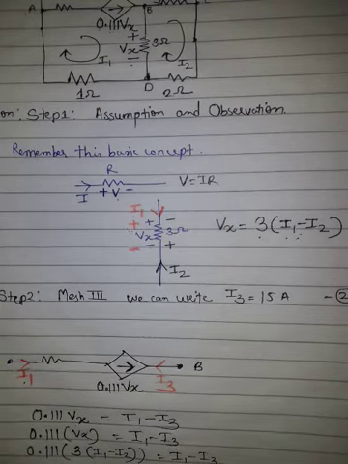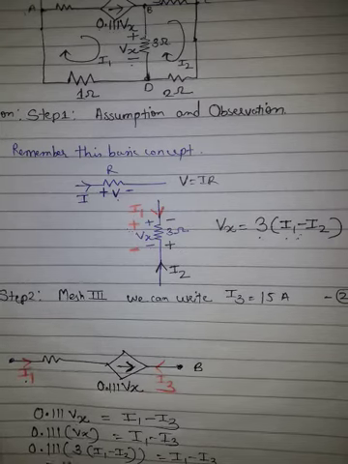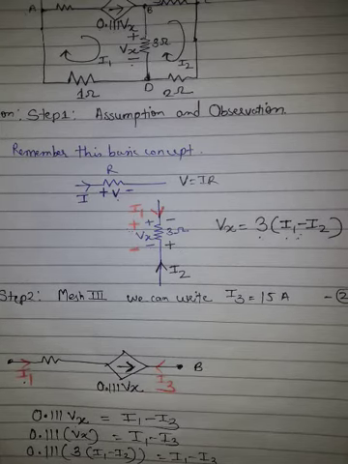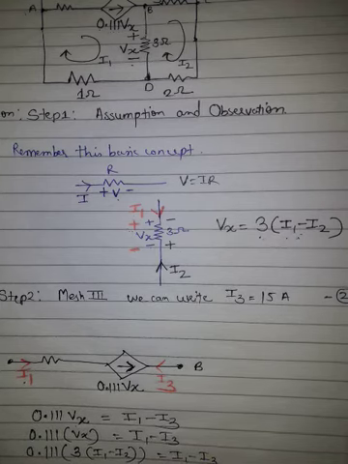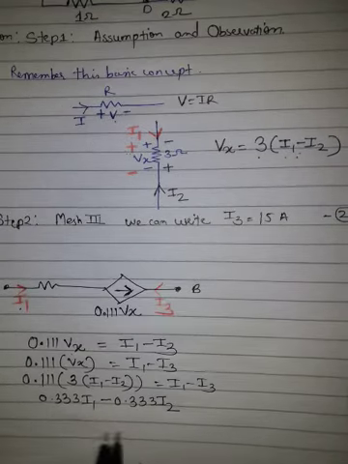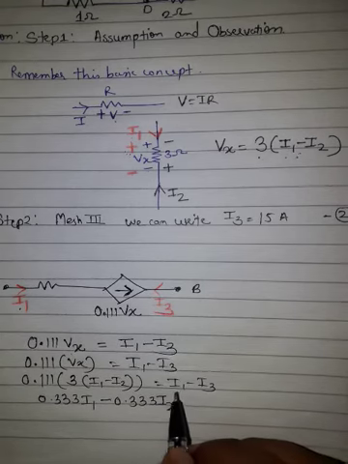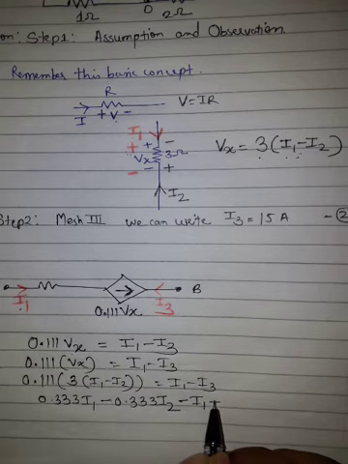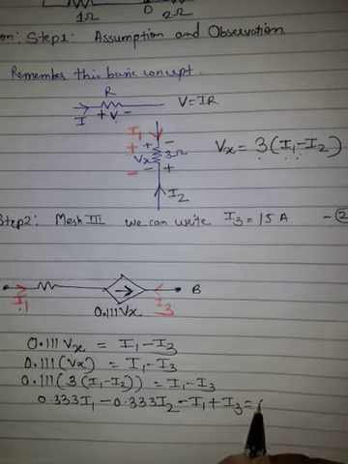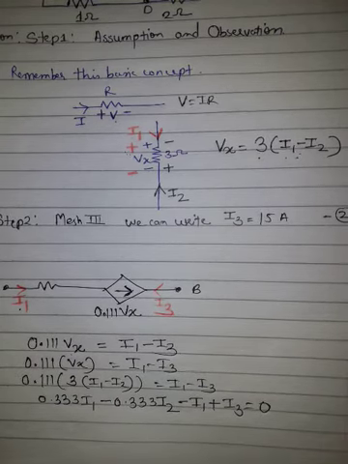So this will be 0.333 I1 minus 0.333 I2 minus I1 plus I3 equal to 0.